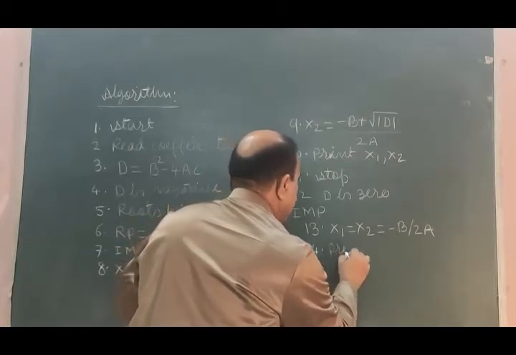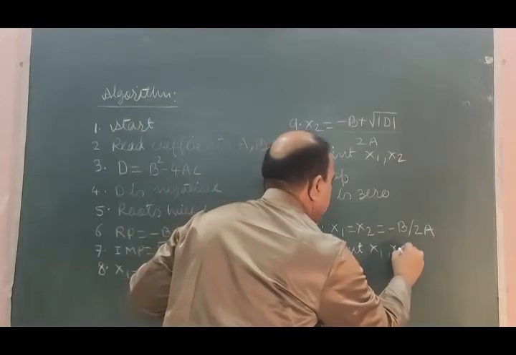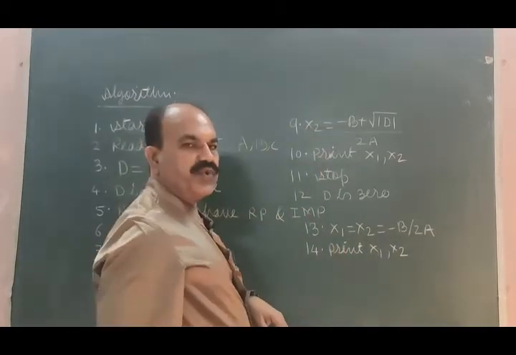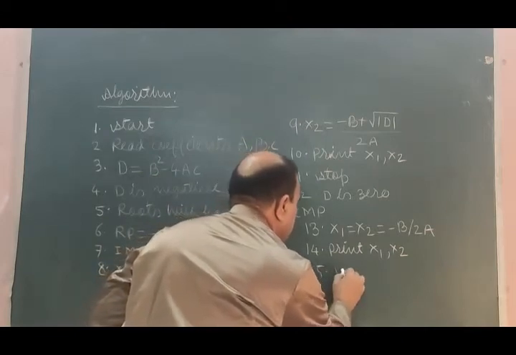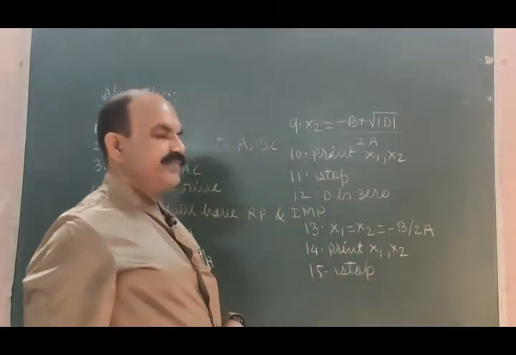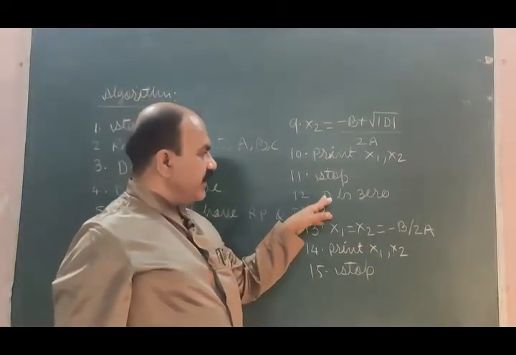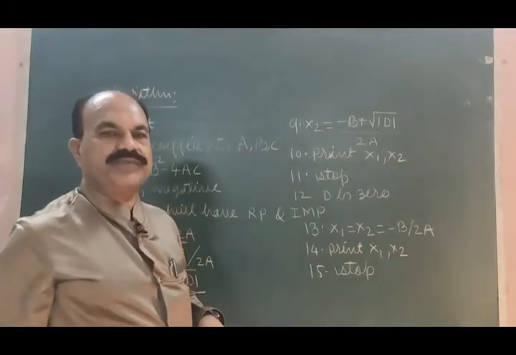Print x1 and x2. Stop. When D is 0, we have to stop here.